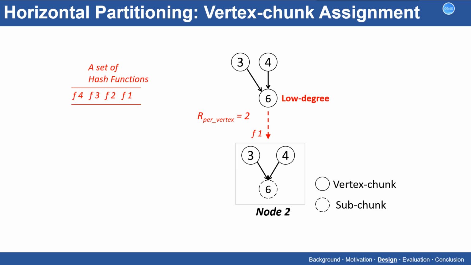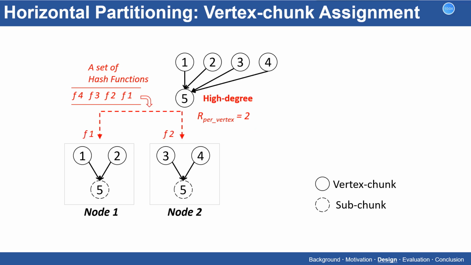Besides, GraBi uses a set of hash functions to assign the vertex chunks over nodes. For example, since the parameter R per vertex is 2, and vertex chunk 6 connects 2 edges, GraBi uses the first hash function to assign vertex chunk 6 to one computing node.